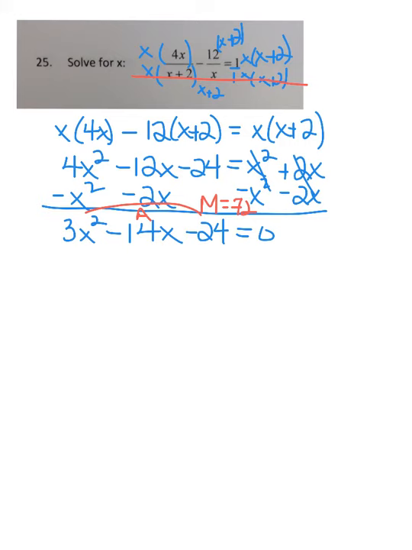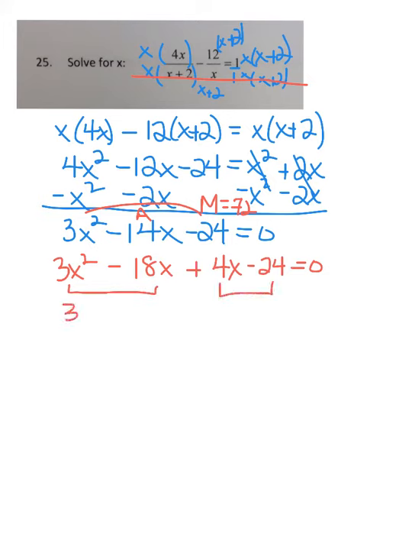Now remember when we're doing this rainbow method, we bring down the first term, and we bring down the last term. So we said 18, right? So we've got 18 and 4. Now we need to get a negative 14 when we add those two. So I'm going to put a negative here and a positive there. And we're going to group the first two terms, group the second two terms.